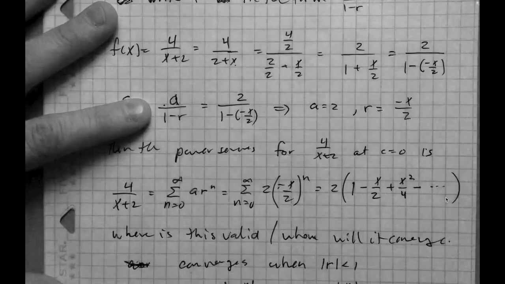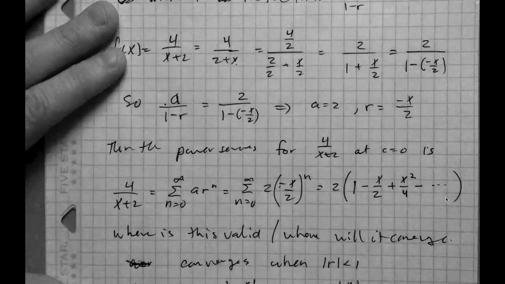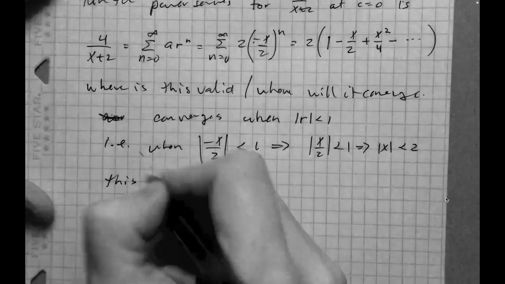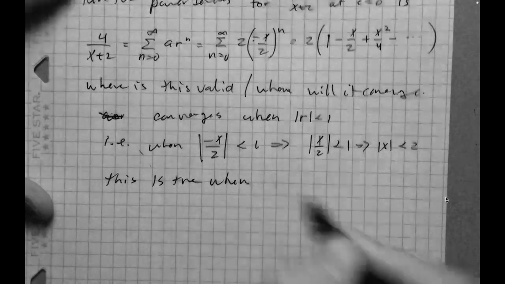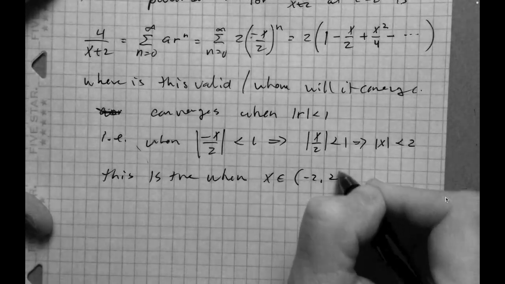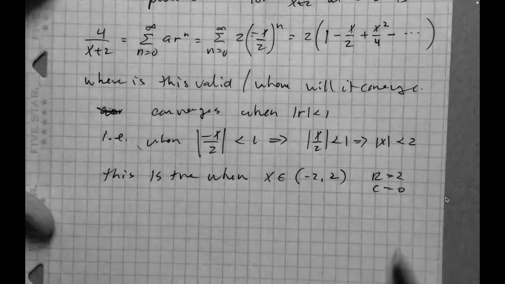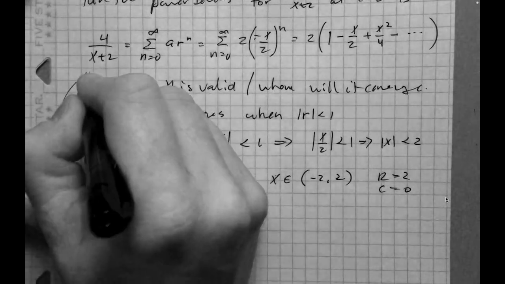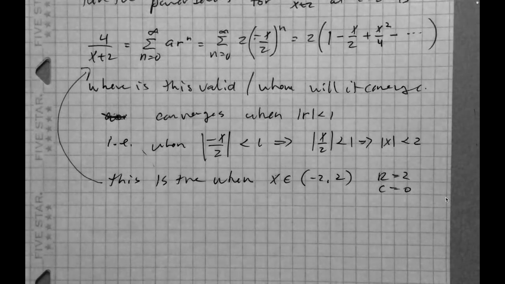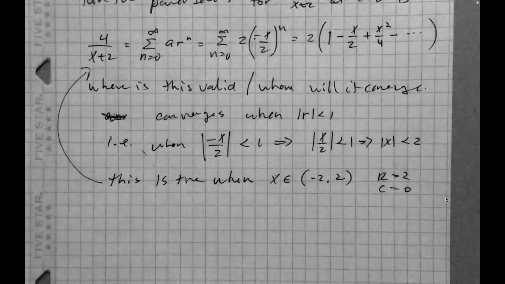Oh, I'm so sorry. So this is true when x is in the interval -2 to 2. So the radius is equal to 2, c is equal to 0. Okay. Perfect. So that is a power series for this particular function, and it's a geometric power series.